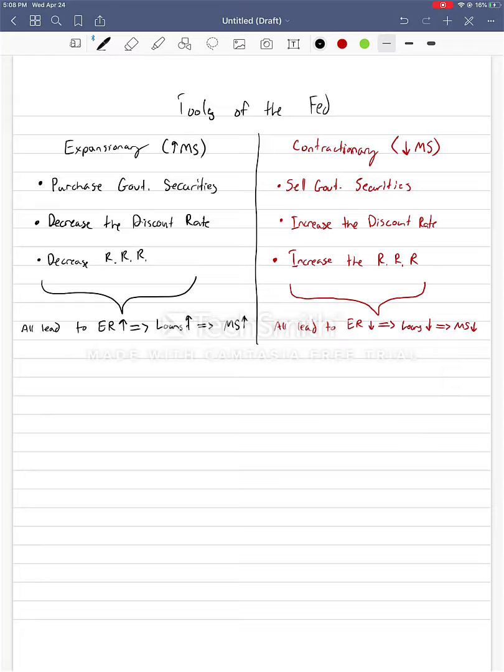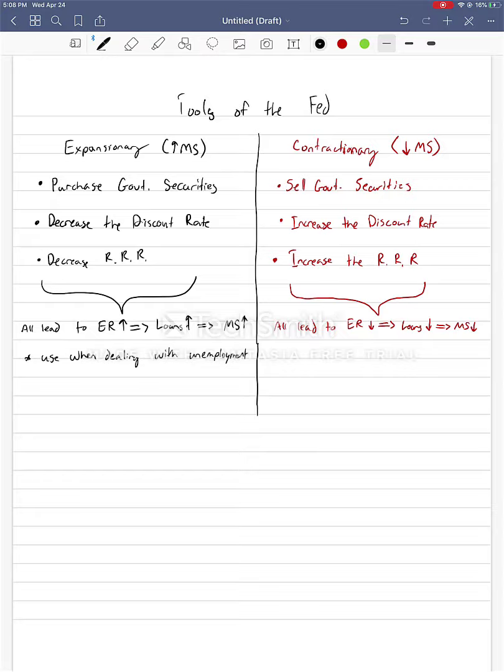Now, as I mentioned, the Fed will use expansionary monetary policy when dealing with unemployment. Anytime we see very high unemployment, the Fed might employ some of these strategies to try to increase the money supply.